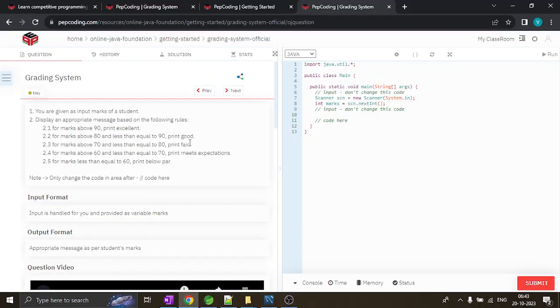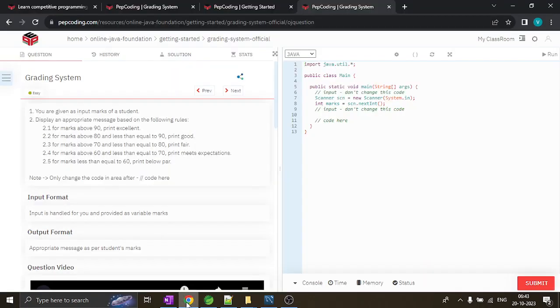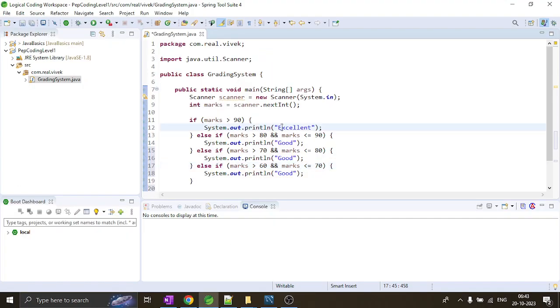So good, fair, meets expectations. Oh, the excellent E is small. The good, fair, meets expectations.